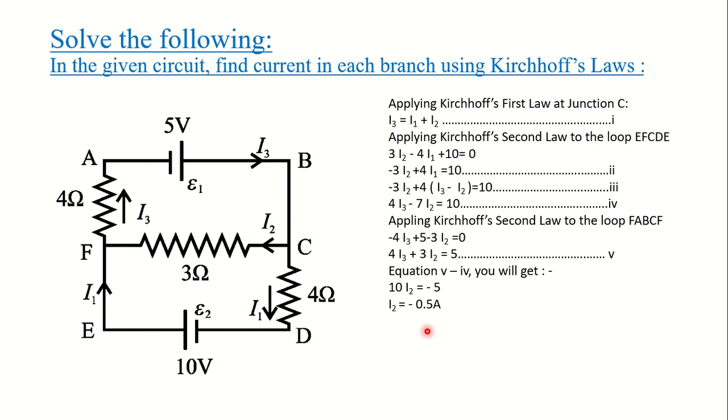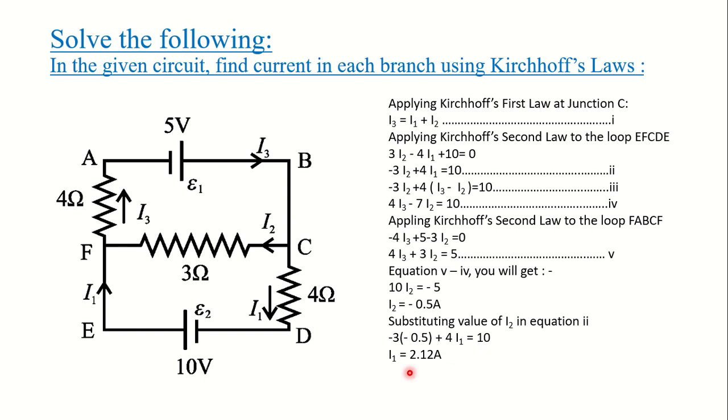So going further, here we have got the value of I2. Now if we substitute the value of I2 in equation number 2, that is here, I am substituting the value of I2, that is minus 0.5. So you will get minus 3 into minus 0.5 plus 4 into I1 is equal to 10.